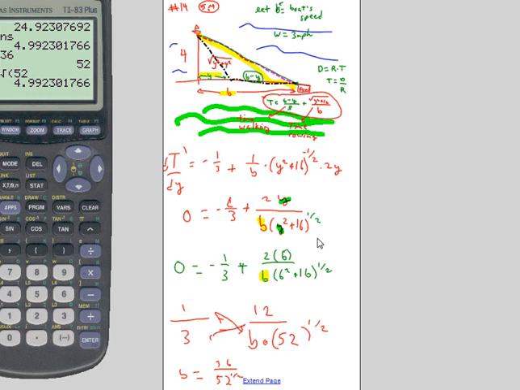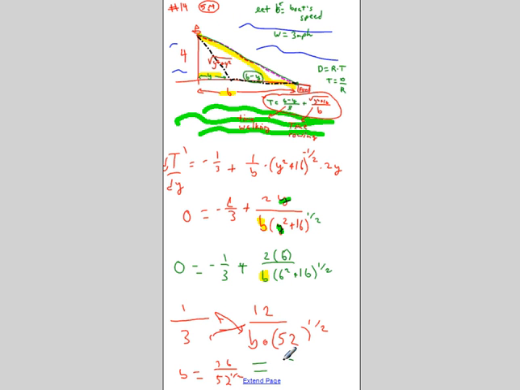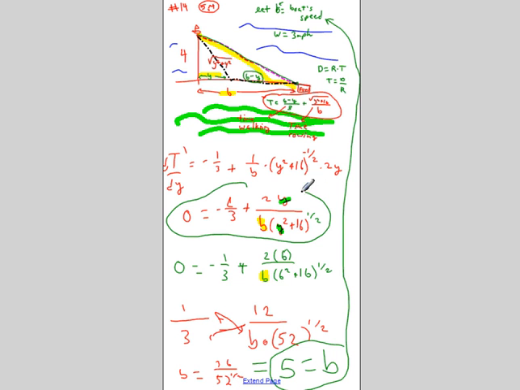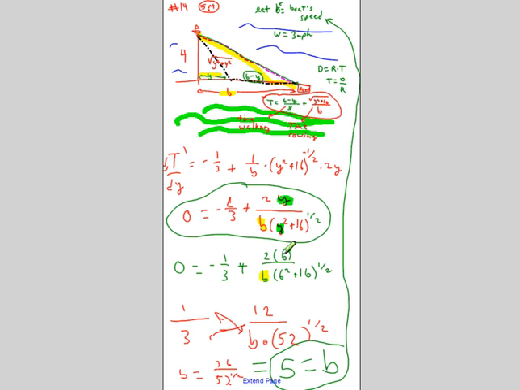So what that shows us is that as long as my b value is 5, and remember that b is my boat speed, then my derivative will equal 0 when my y value is 6.